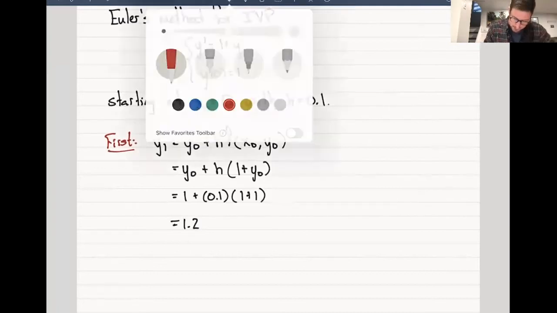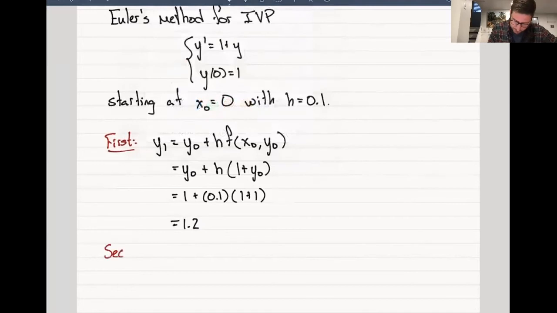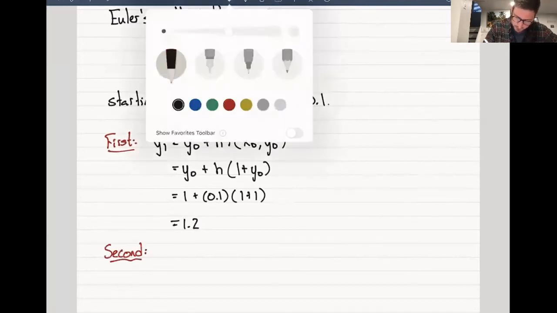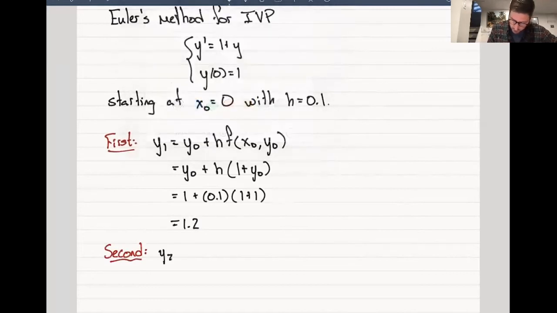Okay, now let's look at the second step. The second step here tells us that y2 is equal to y1 plus h f of x1, y1, which is equal to y1. So I'll put that in right away. 1.2 plus h, that's 0.1.